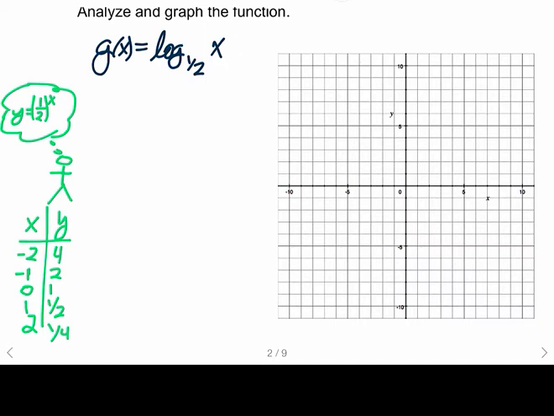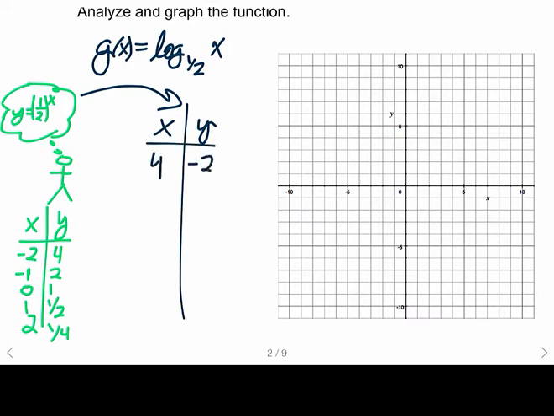This g of x is the inverse of the exponential. And so what we want to do is reverse the x and y table. I think that's the easiest way to understand what's going on with these. And so 4 maps to -2, 2 to -1, 1 to 0, 1/2 to 1, and 1/4 to 2.